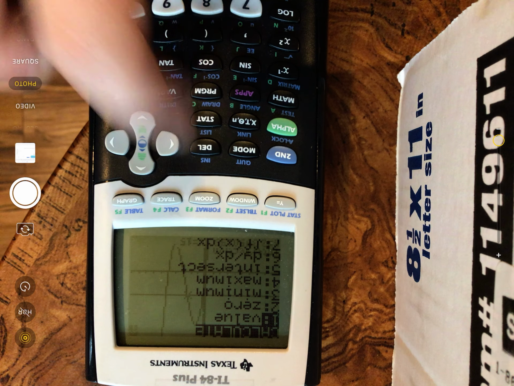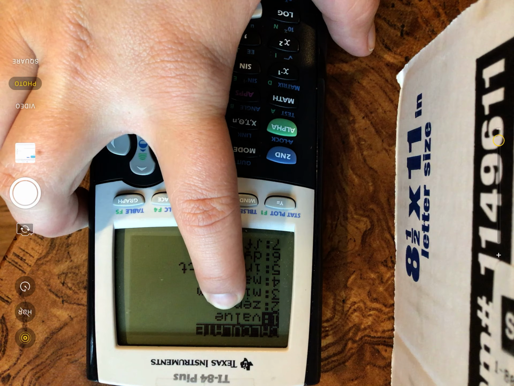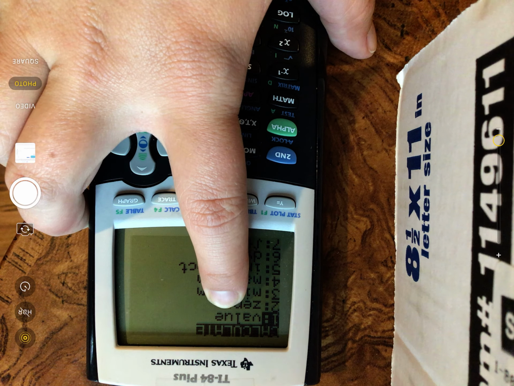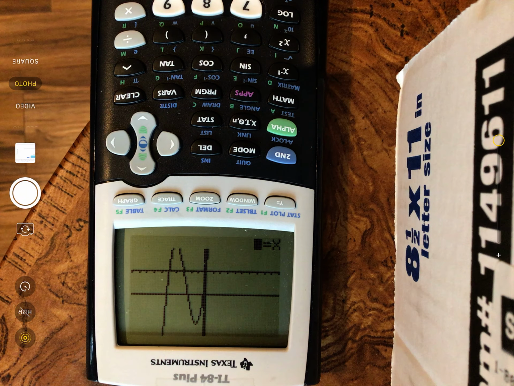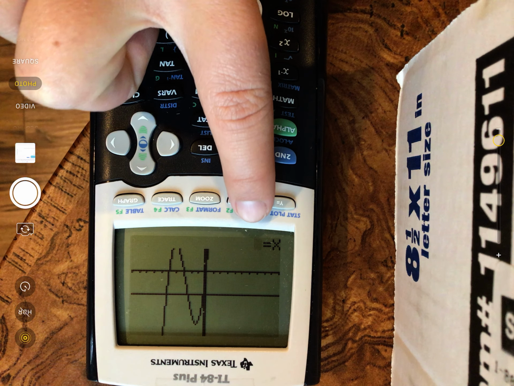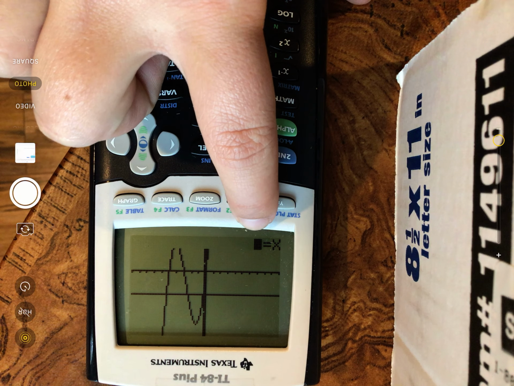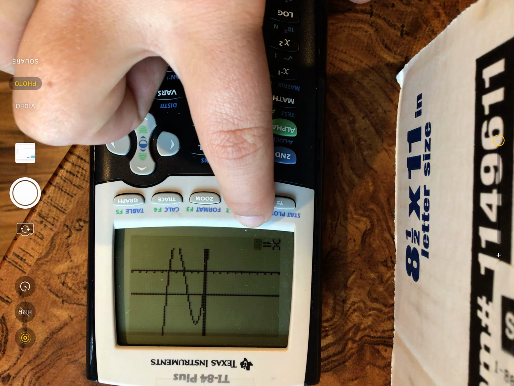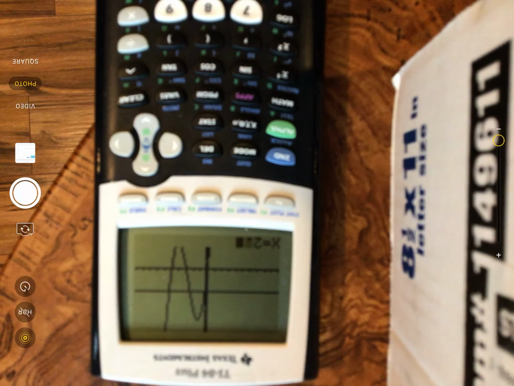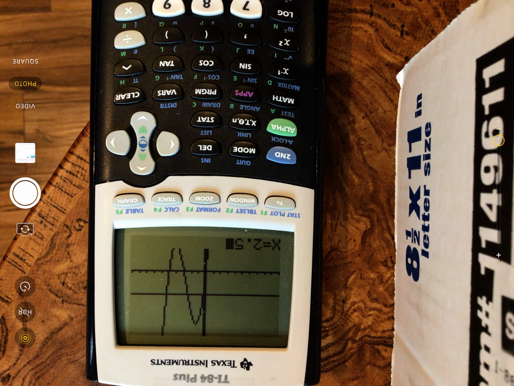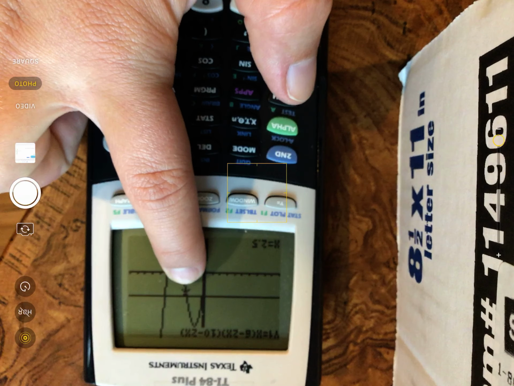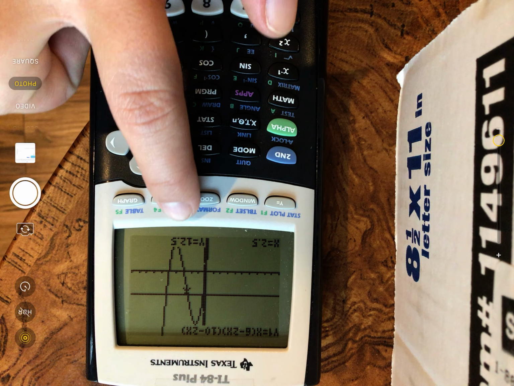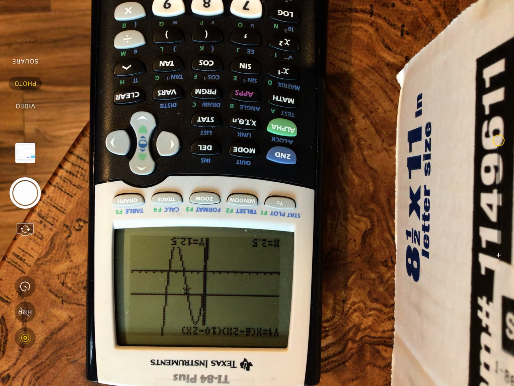So I'm going to go back in, second calculate, and what I would like to find is the value. So when x is 2.5, what is y? So I'm going to hit enter on value, and notice it gives me an opportunity to say, okay, what value of x do you want to find the value for y? So I want to find y when x is 2.5. So I'm going to type 2.5. Notice how it also shows me where that is on my graph, and it tells me that the y value would be 12.5.